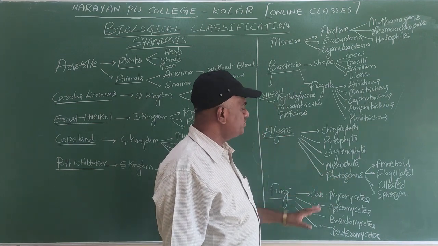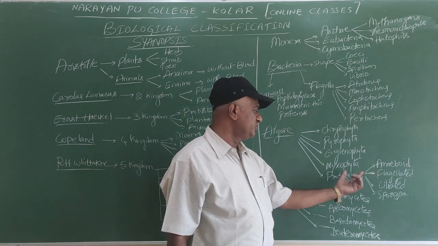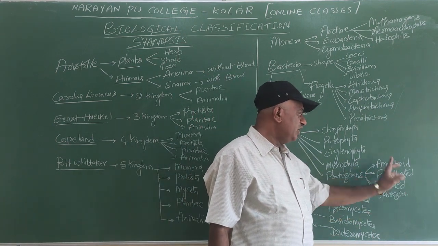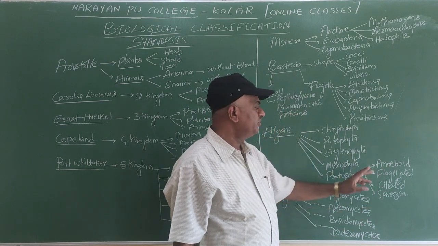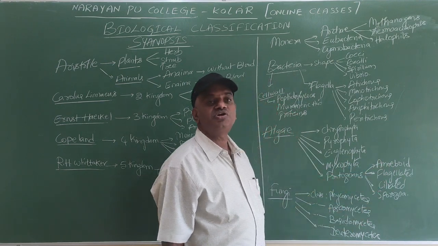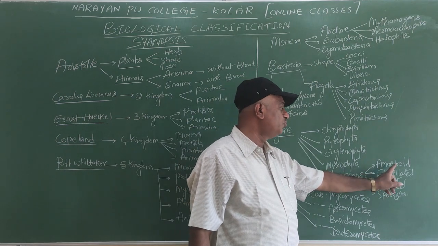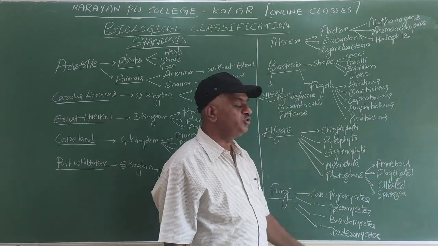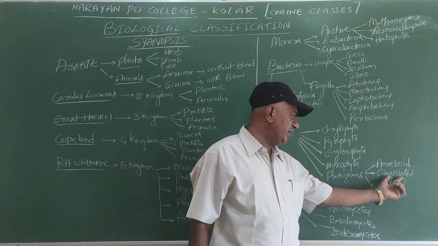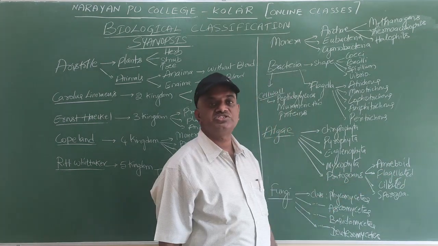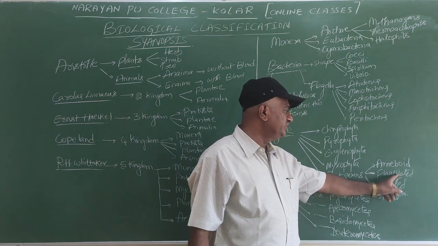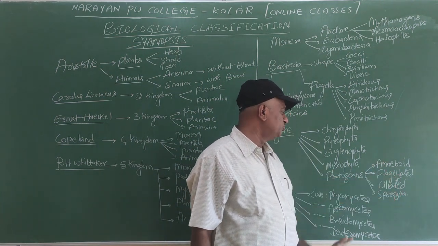Protozoans, based on the locomotory structures, are again classified into different types. First one is the amoeboid type. Here there is a presence of pseudopodia as a locomotory organ, a false foot. The second one is flagellated protozoans. In flagellated protozoans, there is a single whip-like structure called flagellum, and this flagellum helps in locomotion.